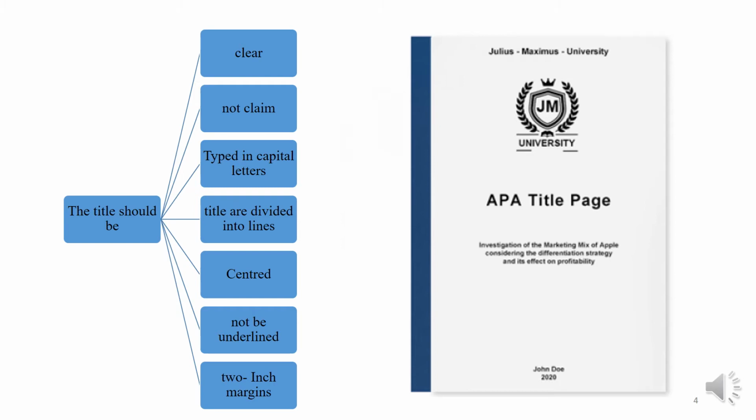And number 6, the title should not be underlined or enclosed in quotation marks. Okay, it should be a free phrase. And number 7, employ a separate leaf for each item and provide balanced 2 inch margins on all sides of the title page. Also, as mentioned in this example, we have 2 inches from the left and 2 inches from the right. Okay, and that's all about the title page.